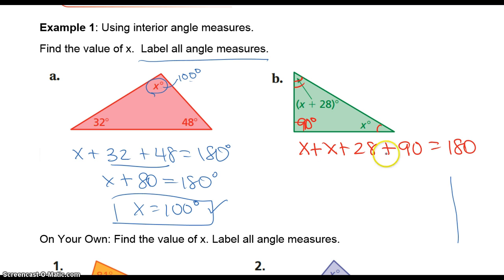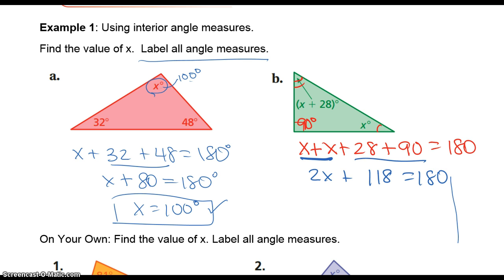Okay, and then remember when we're solving equations, what goes together? x plus x. What is x plus x? 2x. So go ahead and add those together and you get 2x plus, then these two go together. What is 28 plus 90? 118 equals 180. At this point, what can you do?